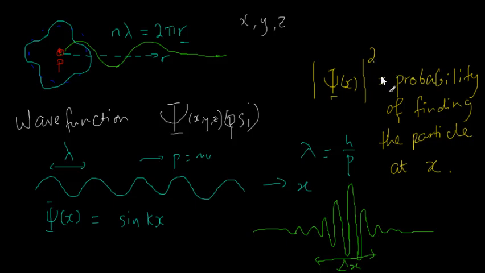Now it's not obvious why we need to square it. The amplitude may be understandable, because even if I have a negative peak or trough down here, it means that there is wave there and I must have a chance of finding the particle there. But square, why do you have to square it?